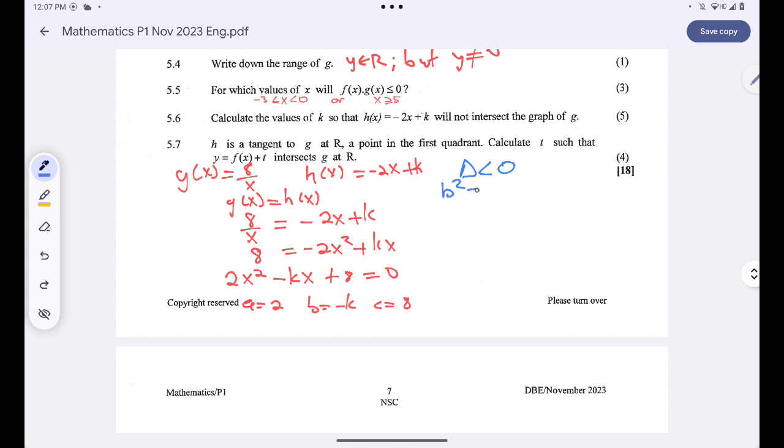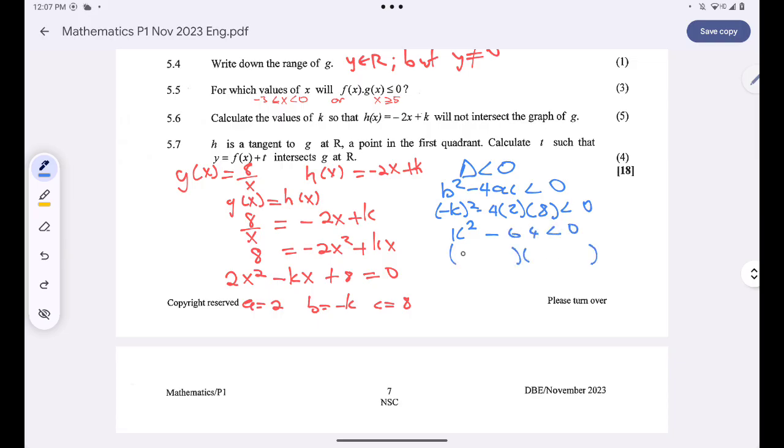So I'll say b squared minus 4ac is less than 0. The value of b is negative k, the value of a is 2, and then I have an 8 there, less than 0. I simply have k squared minus 64 is less than 0.